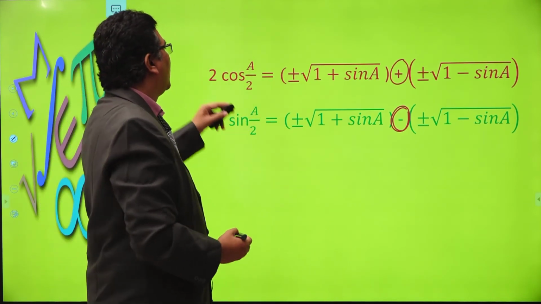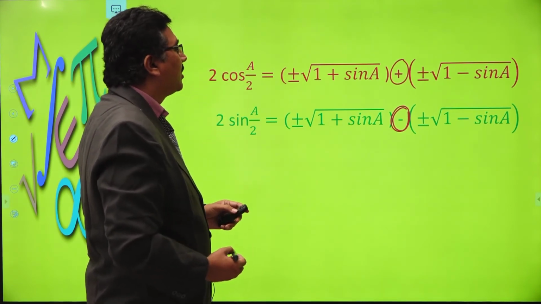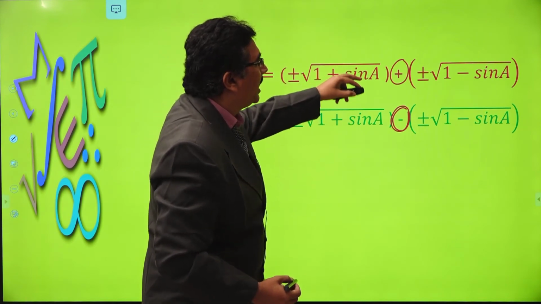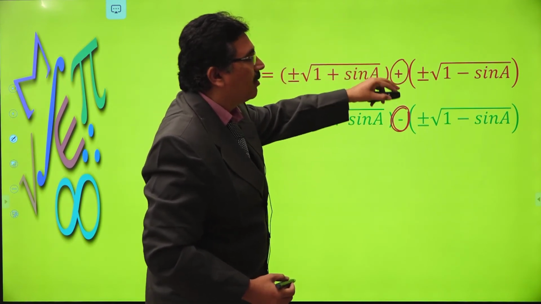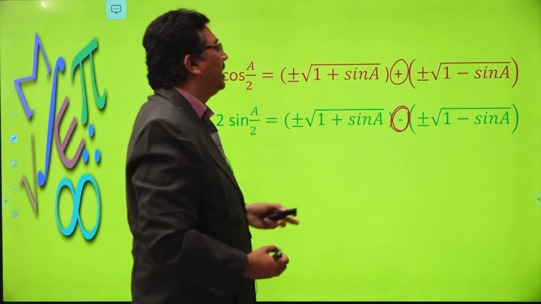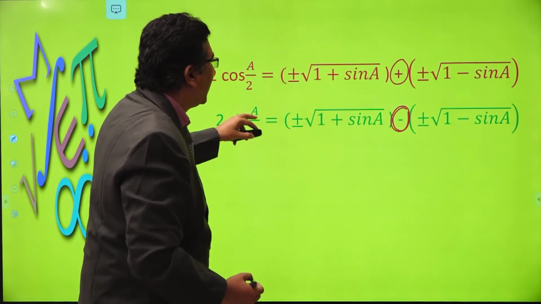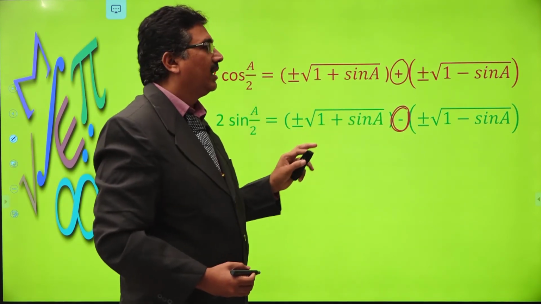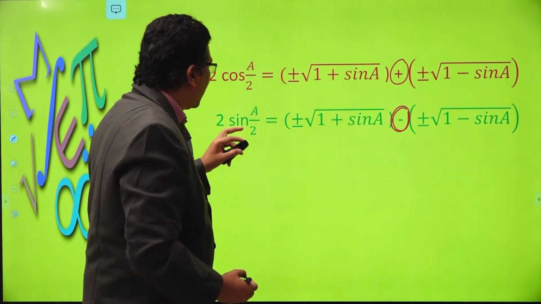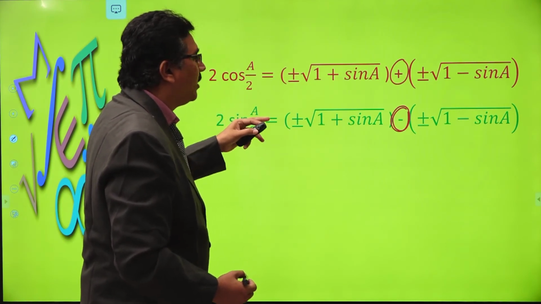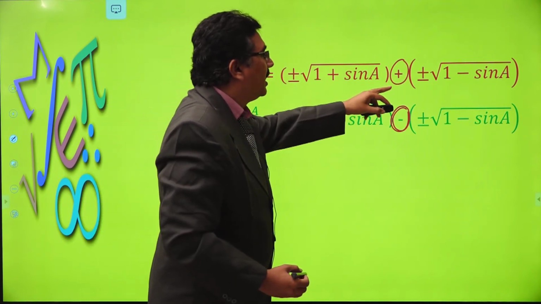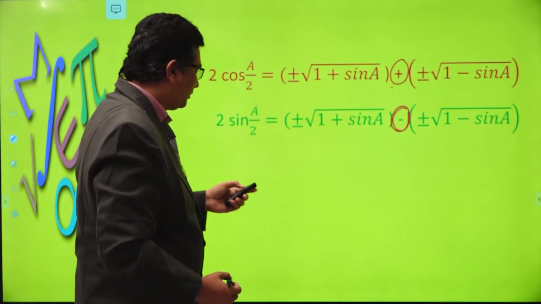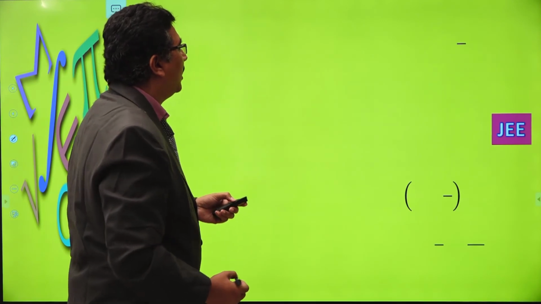Observe that 2 cos a/2 is equal to plus or minus root of 1 plus sin a plus or minus root of 1 minus sin a. In the 2 sin a/2 value, the minus sign is present. For calculating the values of a/2, observe this sign very carefully.